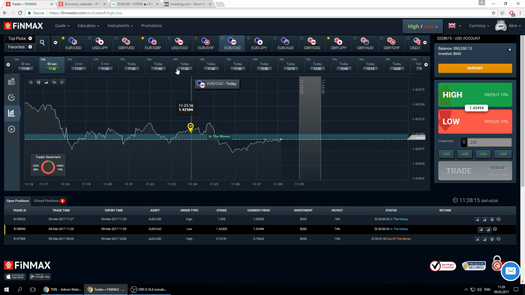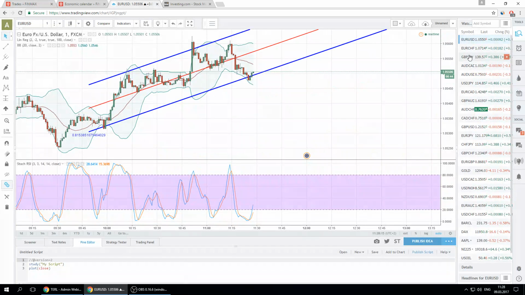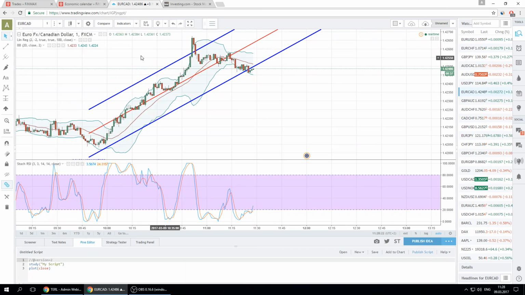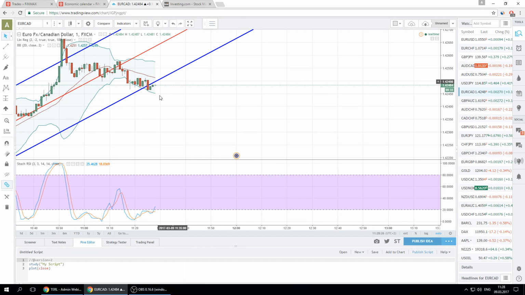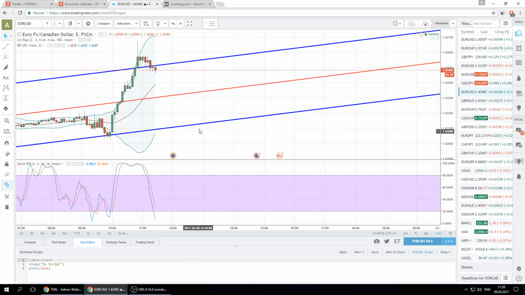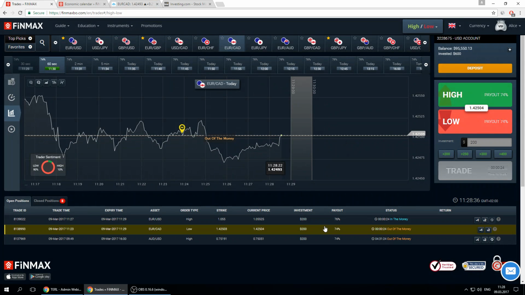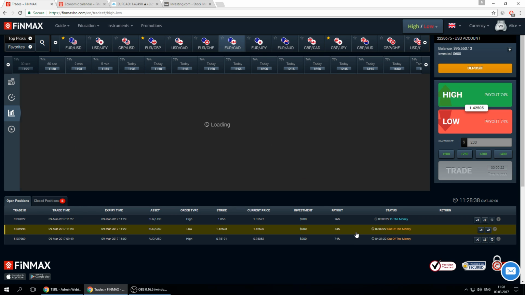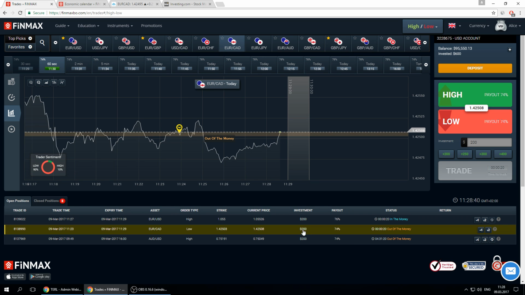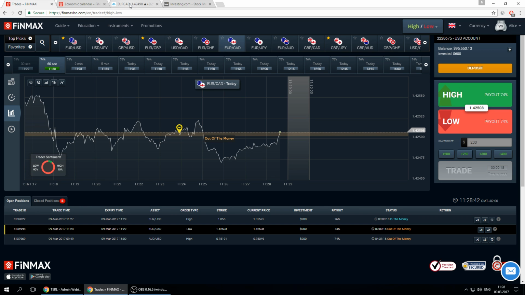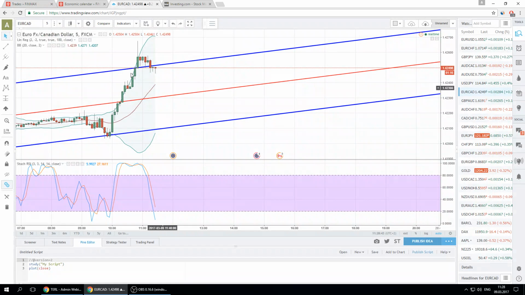Let's open the chart for Euro Canadian to see the situation there. As we see on the chart on the 1 minute time frame, the euro was growing for the last 3 minutes, but we had the hope that this trade would expire in the money, because for most of the time it was in the money.